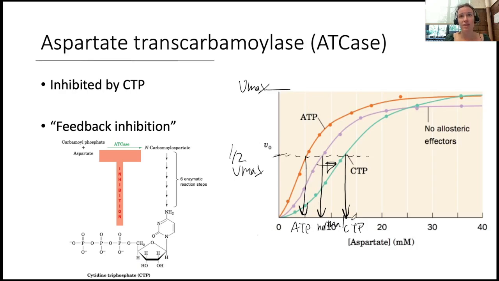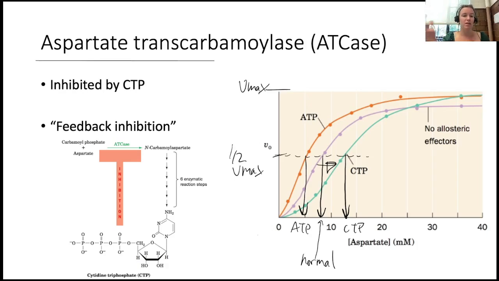We can see how the Km for CTP appears to be larger than the Km for the curve without CTP at all. So we are seeing the inhibition happening.